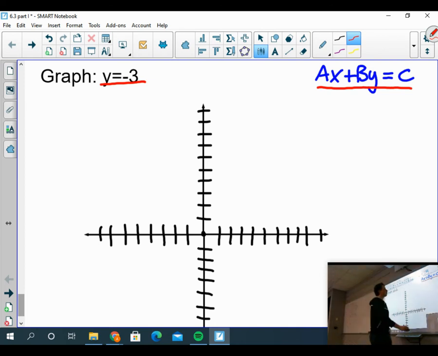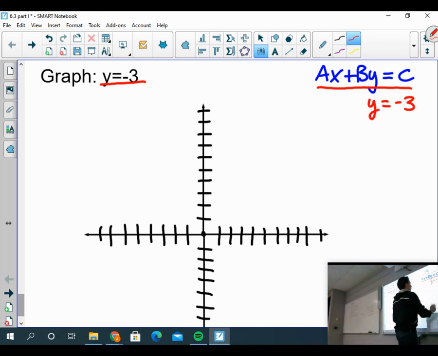Well, I notice that my c value is minus 3. And I see my y, and there isn't a coefficient written in front of the y, but I know if there's no coefficient written, really there's a 1 there, because anything times 1 is itself.